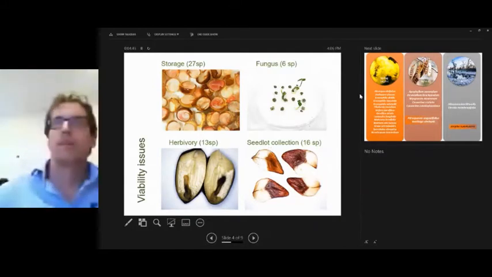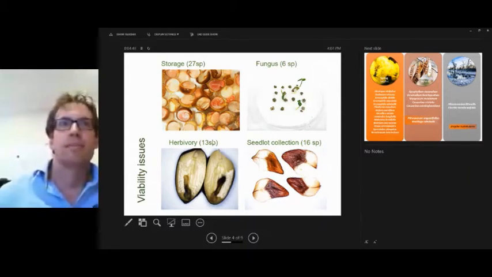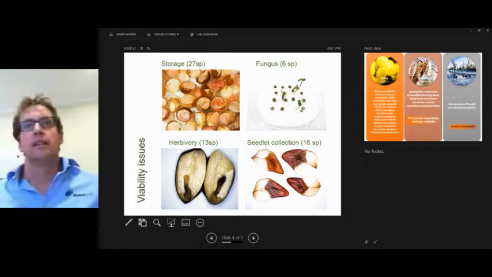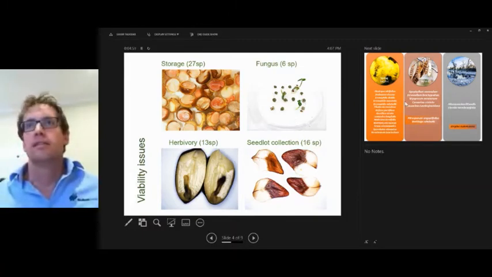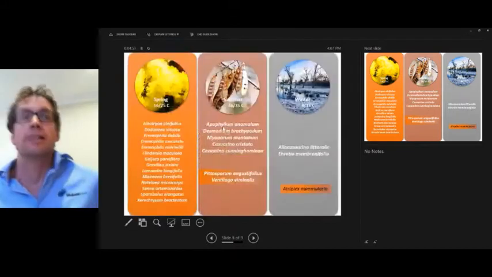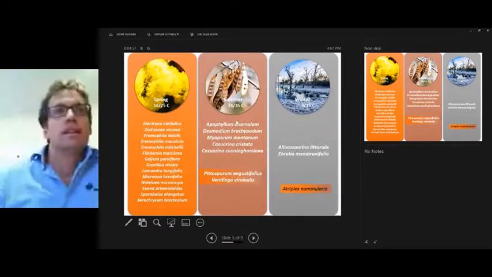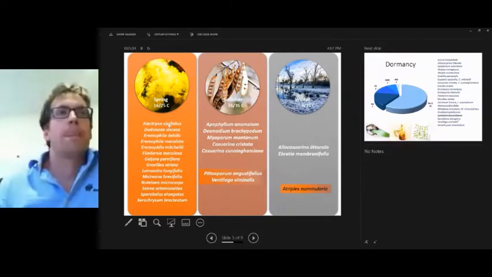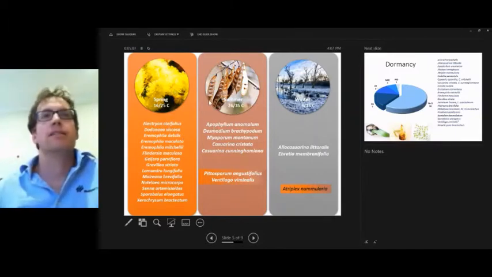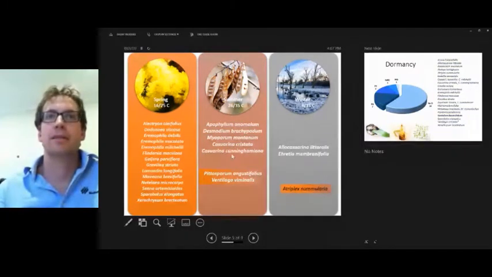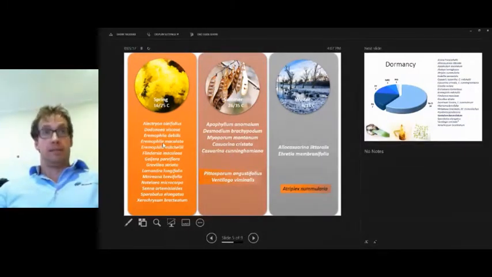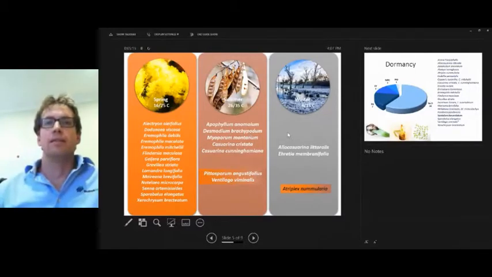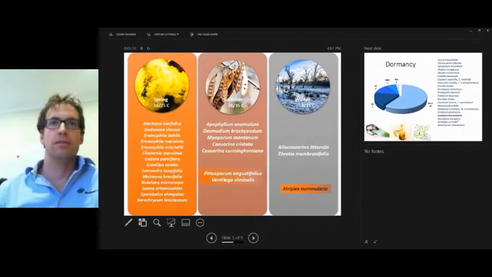So you see a lot of these issues just stem from a lack of knowledge in handling seed. We also looked at the germinations for the particular seasons that things came up. So a lot of these were spring germinating, a few in the summer and a couple in the winter, and then here we had a few crossovers as well in these ones down the bottom where they could germinate in multiple seasons.